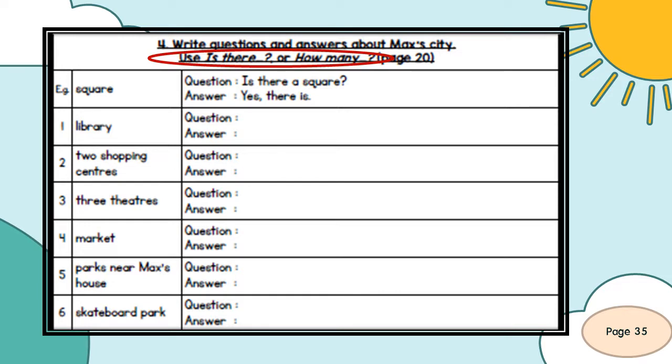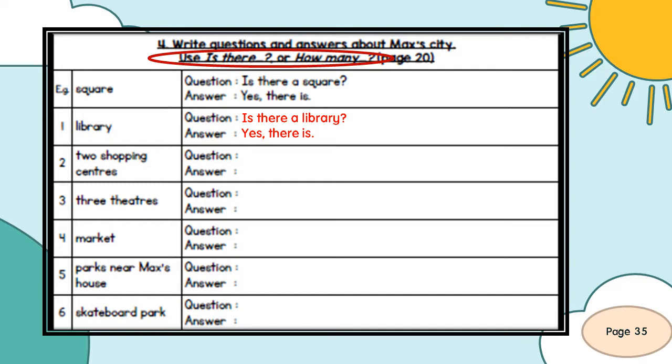For example, square. The question, is there a square? Yes, there is. Let's try number 1. Library. Is there a library? Yes, there is.